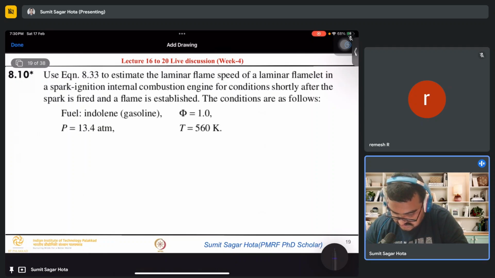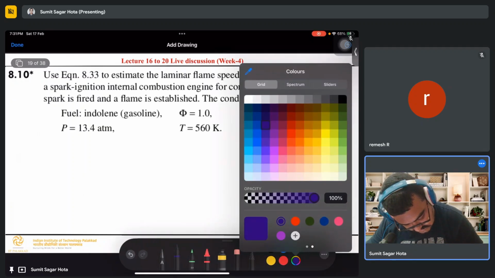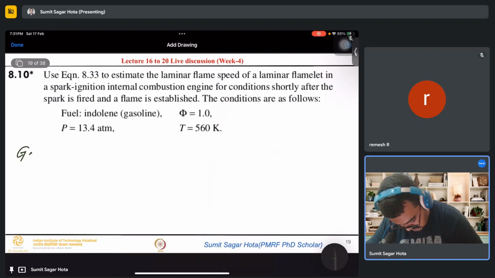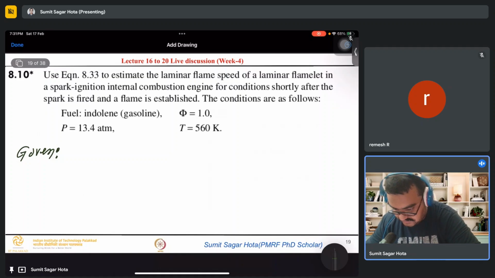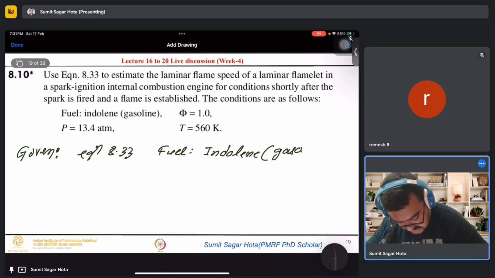In this question I will tell you what short questions they can ask. So just quickly write down the things given. This question looks difficult, but it's not that difficult. Some equation 8.33, I will tell what equation 8.33 is. Then the fuel given, indolene. Indolene is a very confusing name, same as gasoline.